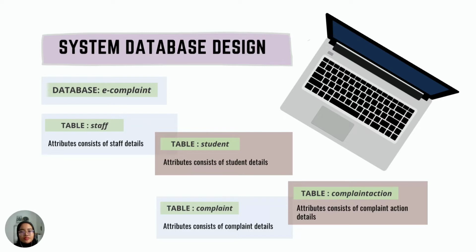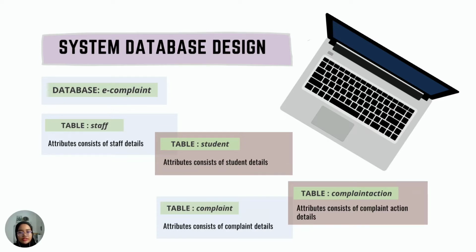And next is the system database design. So here there is one database, which is eComplaint, and this database consists of 4 tables. The first one is the staff table, and the attributes consist of staff details. The second one is the table named students, and the attributes consist of student details.